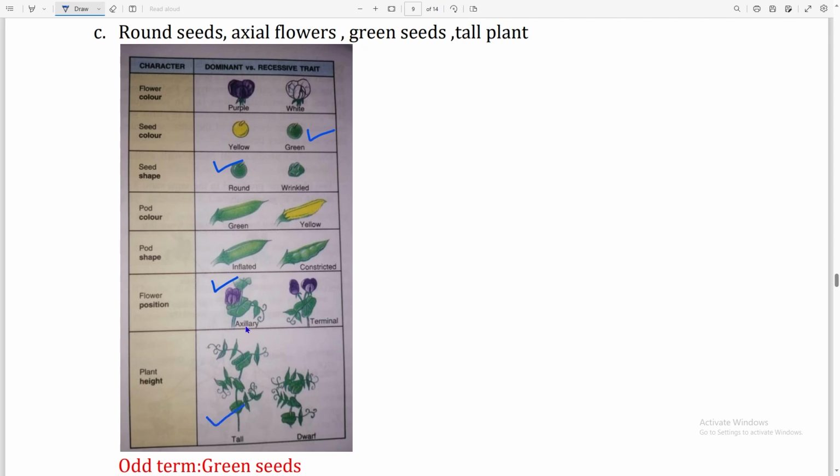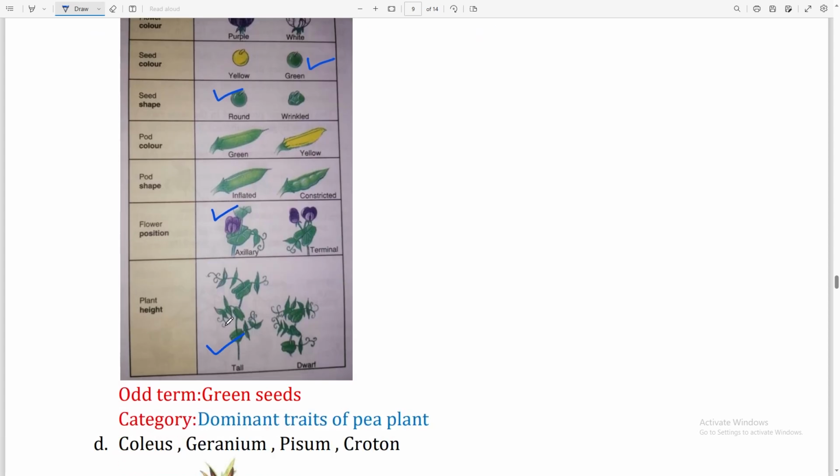So which is the odd term? We can find these three are lying under dominant traits, whereas this is the recessive trait. So the odd term is green seeds and the category is dominant traits of a pea plant, because these three are the dominant traits of the pea plant.